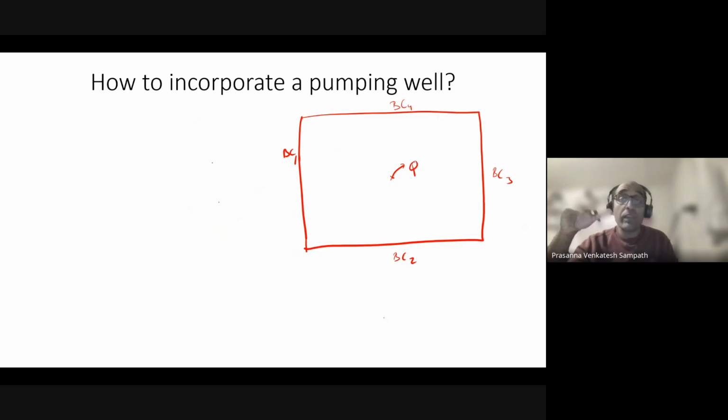Is there a way in which we can solve this problem in a way that makes the solution of the problem as simple as possible? So that's the question.